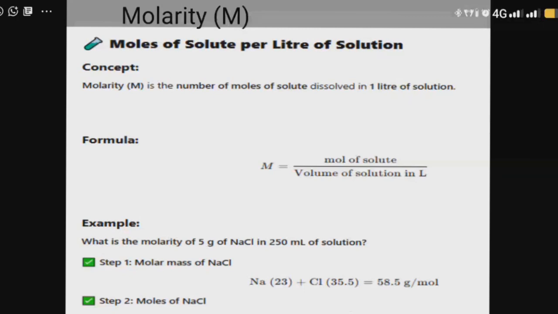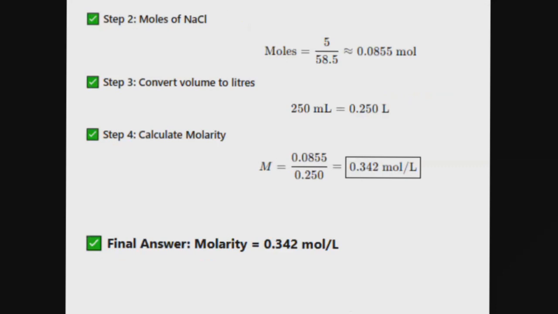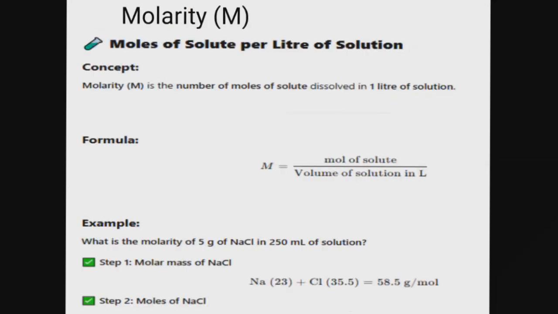Then molarity. Now, when I'm going through the past questions, this normally comes, even during my own exam, they always ask this question, the difference between molality and molarity. So molarity is moles of solute per liter of solution. Molarity is the number of moles of solute dissolved in 1 liter of solution.